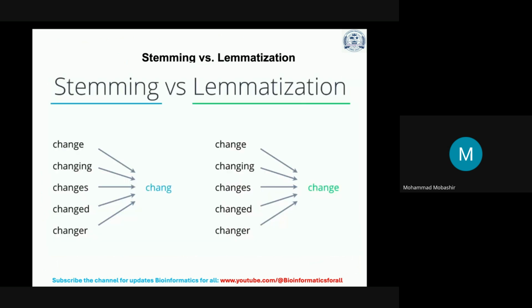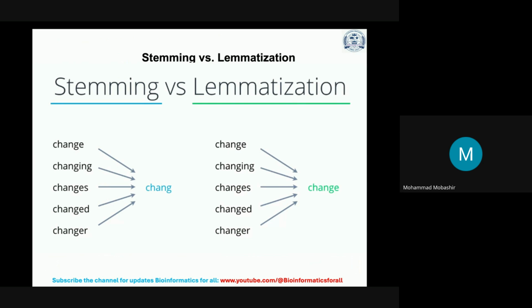Now, the examples for understanding the difference between stemming and lemmatization. Here, there are five words for both of them to be compared in terms of real working understanding. So, change, changing, changes, changed, changer. Here, the stemming word is CHANG without E or something else.